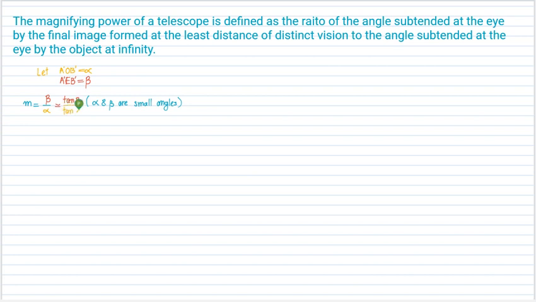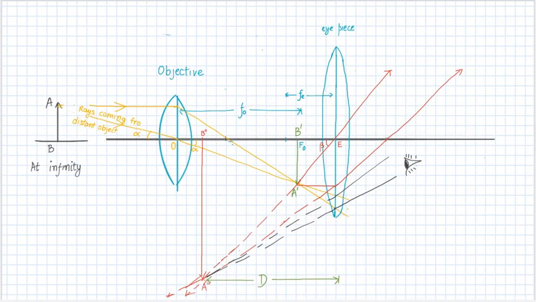Now, let us see what tan beta and tan alpha are. Coming back to our figure, for tan beta you can consider this red triangle, triangle A dash E B dash.